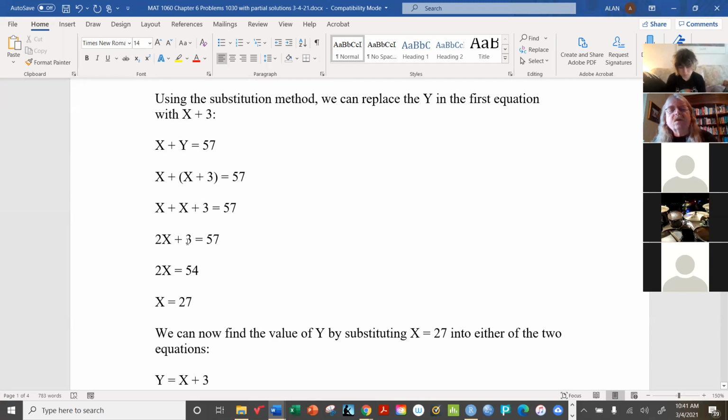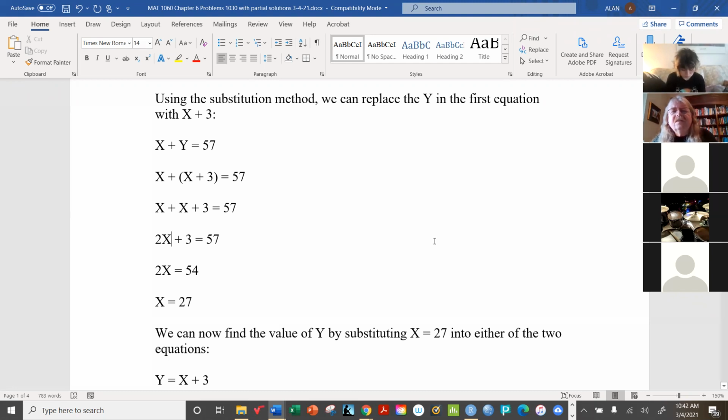Okay, and then now, of course, once you're in this spot, you want to get all the constants on one side of the equation and all the x's on the other side. And then when you get to that point, now all I have to do is divide both sides by 2, because I don't want to know the value of 2x. I want to know the value of x. Okay.